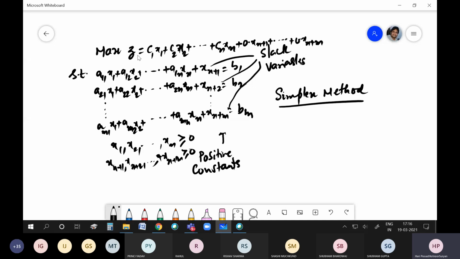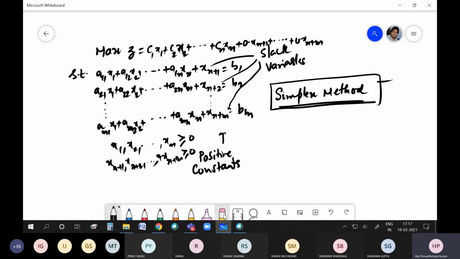So we have taken a simple example and we try to solve it. Let us see how this simplex method works. I will discuss today by taking the same example which we discussed in the last class.